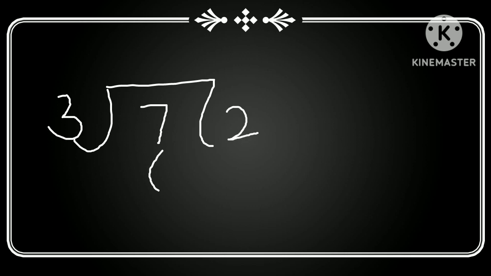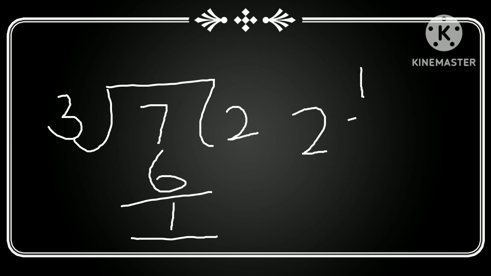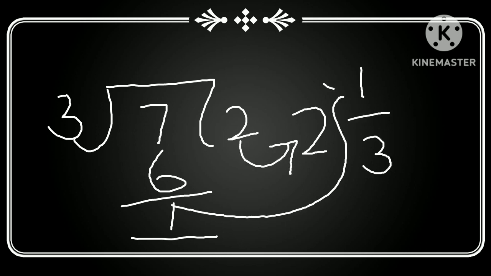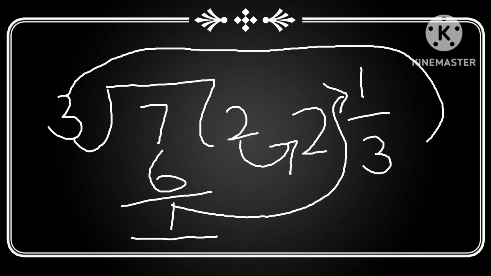So, to convert an improper fraction into a mixed fraction, we divide the numerator by denominator and we get a quotient and remainder. Quotient will be written inside, remainder will be written at the top, and divisor will be written at the bottom, and we find a mixed fraction.